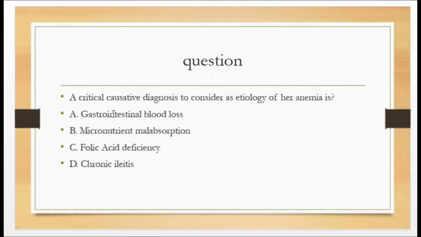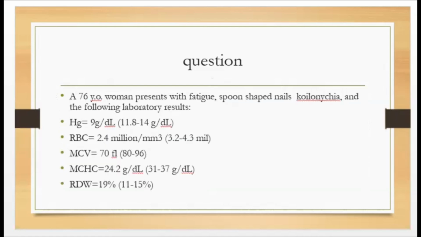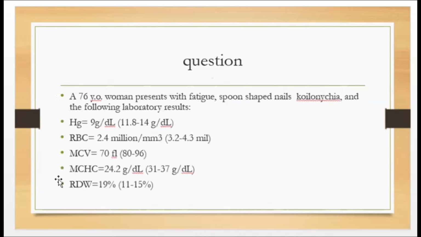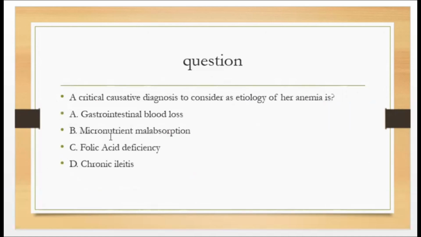Okay, so they ask you a question. The patient has this lab, okay? What do you think is the problem? I already said it though. What do you think is a causative diagnosis to consider for that kind of etiology? I said it, three things I mentioned.